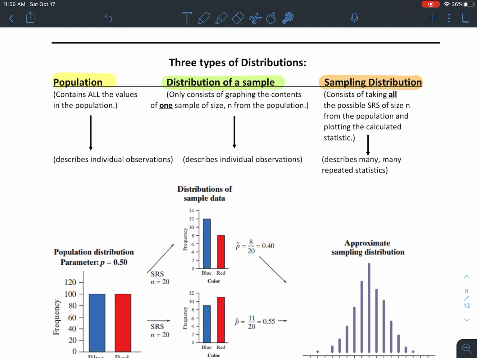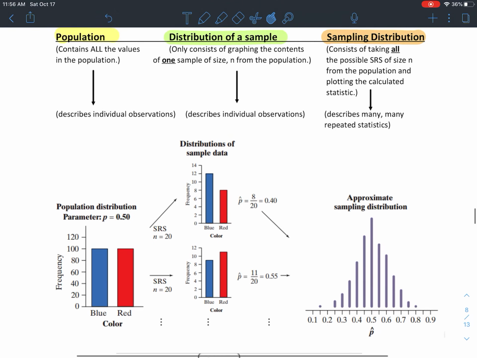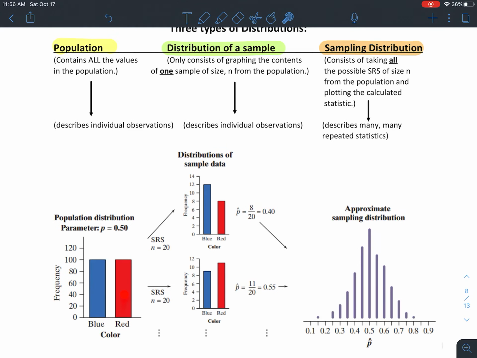A population distribution is when you actually have surveyed all of the individuals in that particular population, okay? And it describes what each of those individual observations would look like. You could make a dot plot of it. You could make a histogram like we have here.